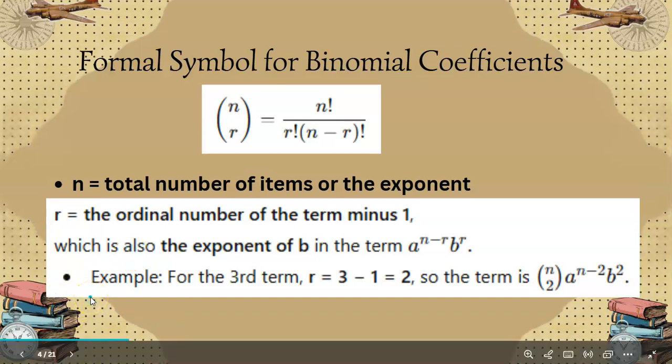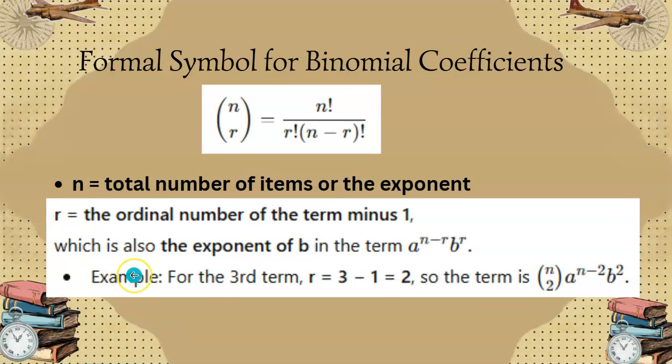In binomial expansion problems, we use combinatorics to determine the coefficient of a term, where n represents the exponent of the binomial and r is the ordinal number of the term minus 1, which is also the exponent of b in the term factor a raised to n minus r, b to the r.